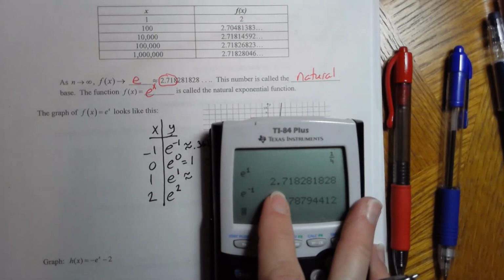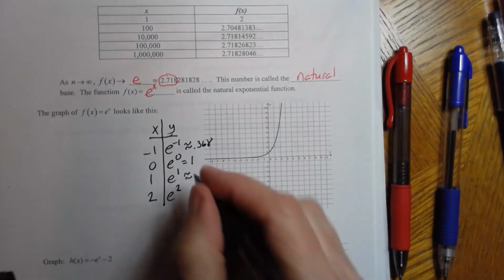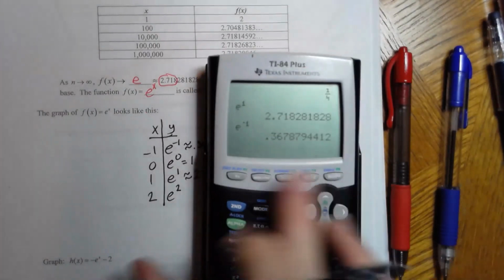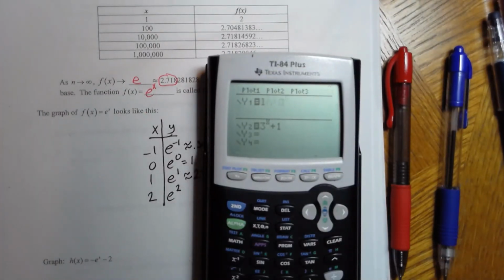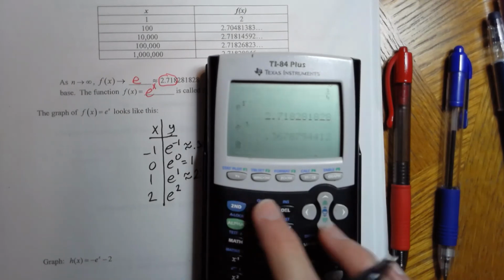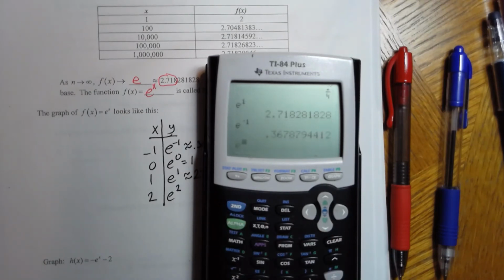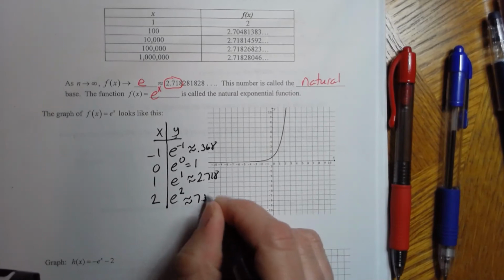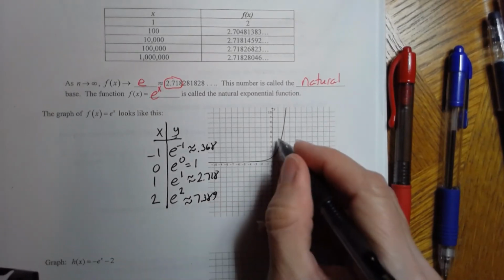E to the first is approximately 2.718. And then we want to know what e squared is, so we'll bring up the e again, and type in the square, and we get approximately 7.389. So e squared is approximately 7.389.